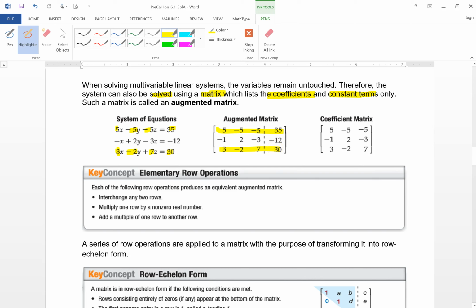What I create here is an augmented matrix. This has the coefficients and the constants. And if I just take the coefficients, it's conveniently called a coefficient matrix. All right? And now you can do the same exact thing that we did up there, but here with the matrix. You could interchange any two rows, multiply one row by a number, add multiples of one row to another, but without the unnecessary x, y, z. Okay?